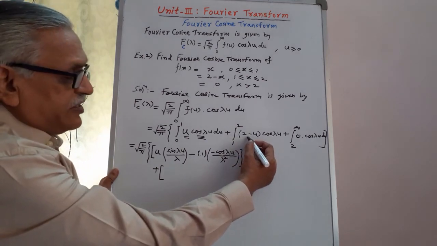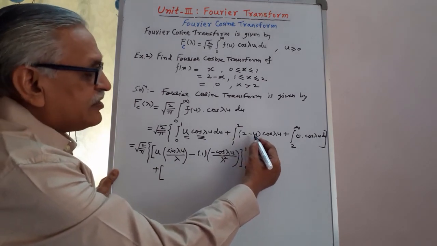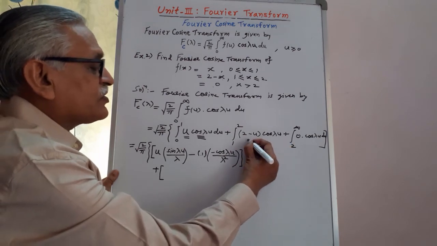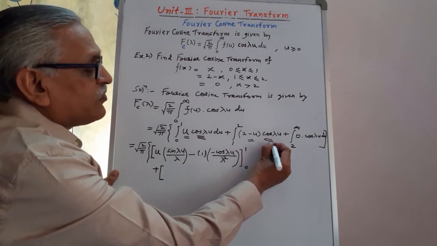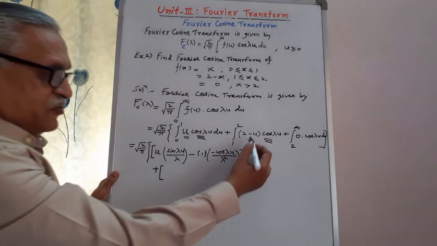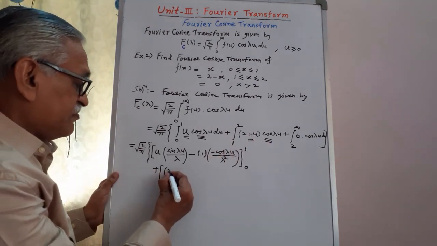We perform the second integral. Again, a product of two terms. First is algebraic, second one is trigonometric. Therefore, 2 minus u must be the first term.